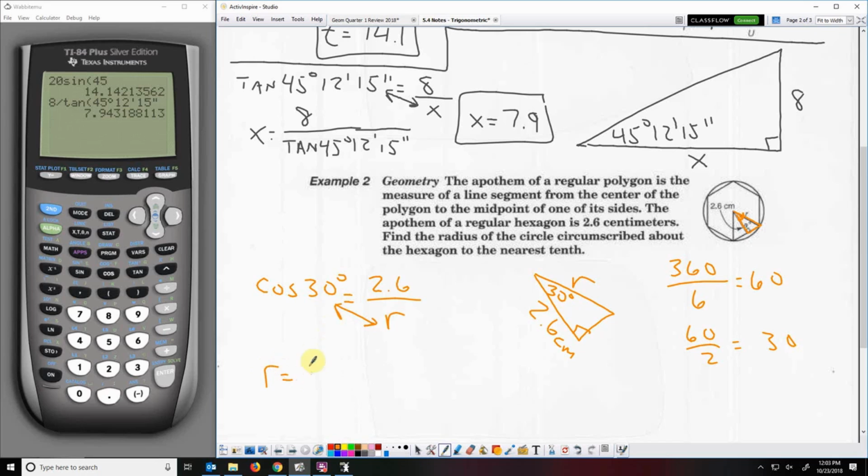So the radius equals 2.6 over cosine 30 degrees. 2.6 divided by cosine 30. And I get 3.0. So the radius is 3.0 centimeters.